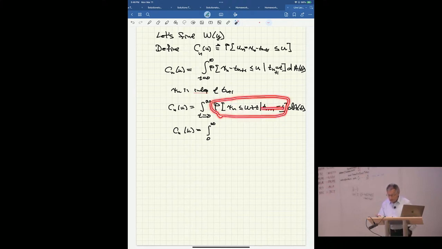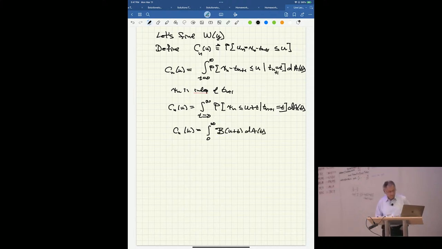And what is the thing that's now circled? That's the service time distribution. So that thing is just capital B of the argument u plus t, all of that dA of t. And notice it's independent of n, as expected. So I can write Cn of u is equal to capital C of u with no index.